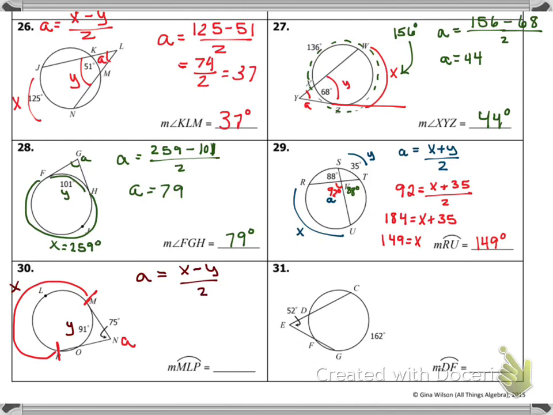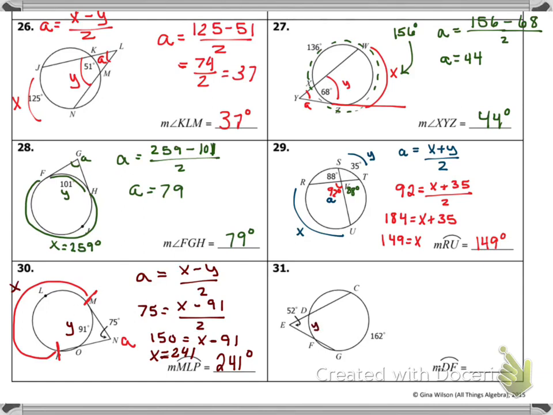So A is 75 equals X minus 91, divided by 2. Multiply 2 to the other side: 150 equals X minus 91. So if I add 91 to the other side, X equals 241. And that's what we were looking for. 241 degrees.